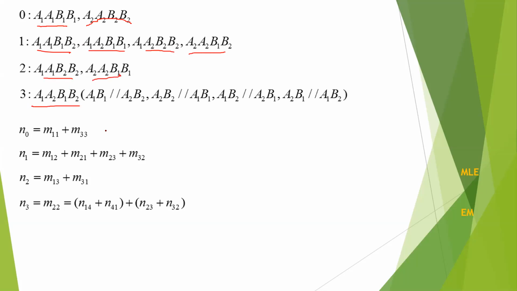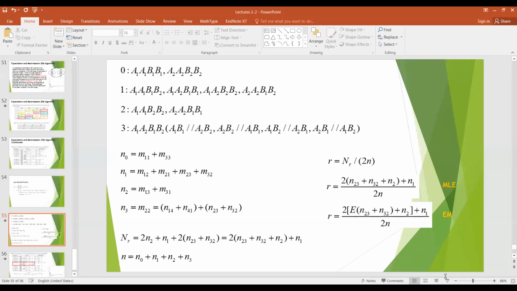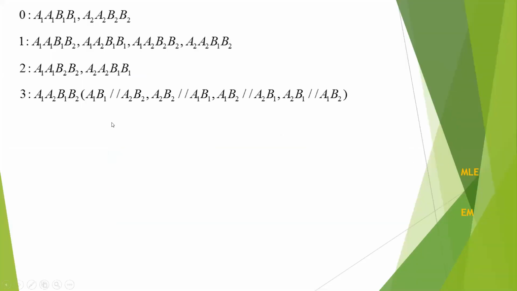The only problematic category is this one, because the 9th category is a mixture of all these possibilities here. Can you follow me? So this is where the problem is, and we have to use the EM algorithm to help us deal with this specific category.